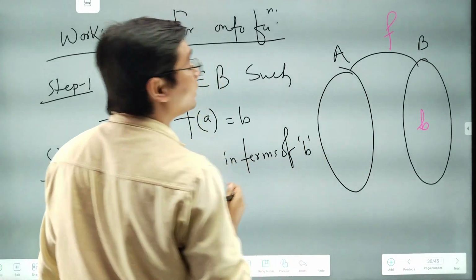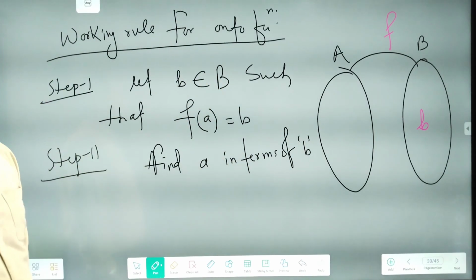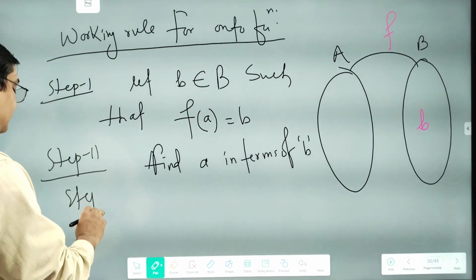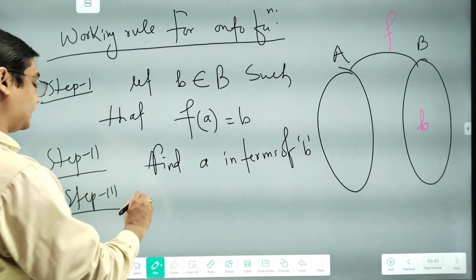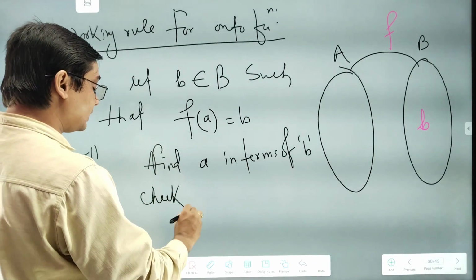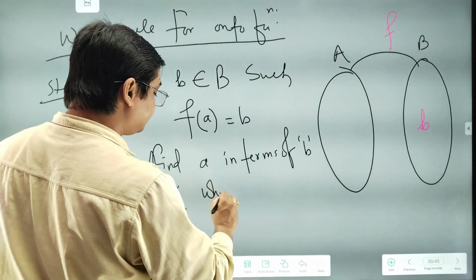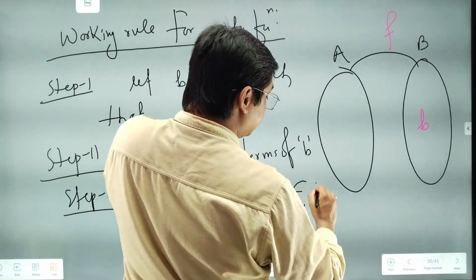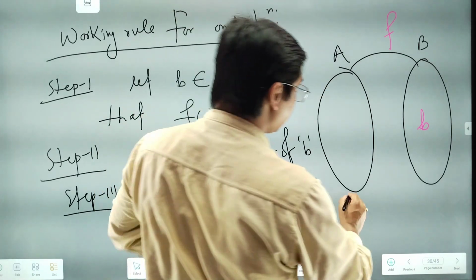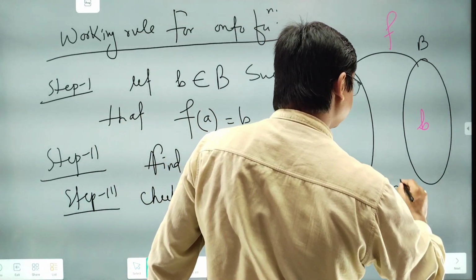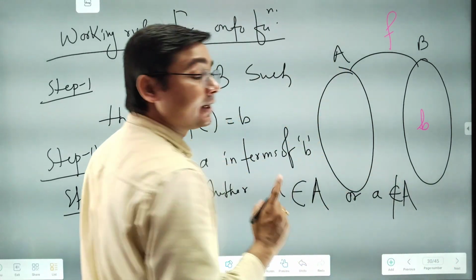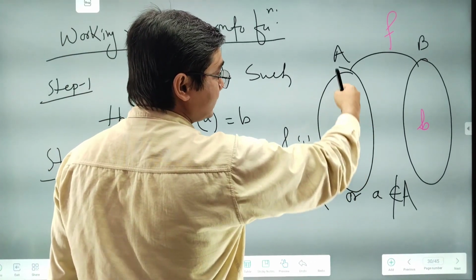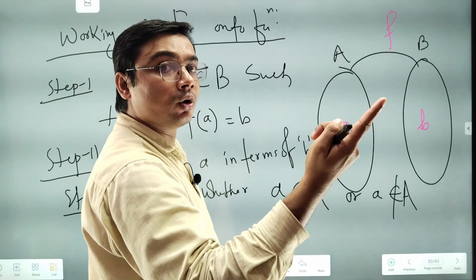Then in step 3, just check whether this small a belongs to this first set capital A or not.